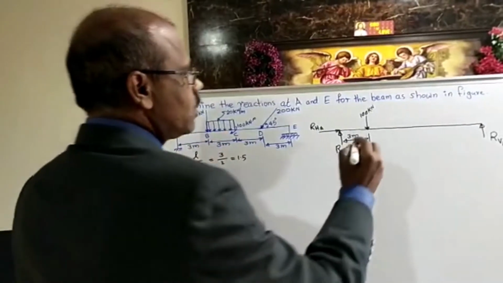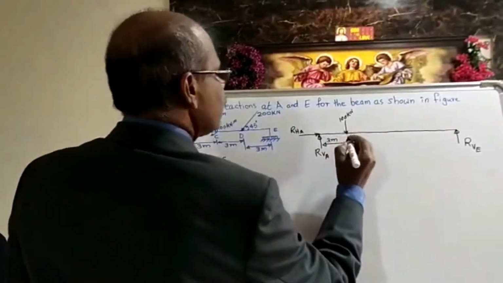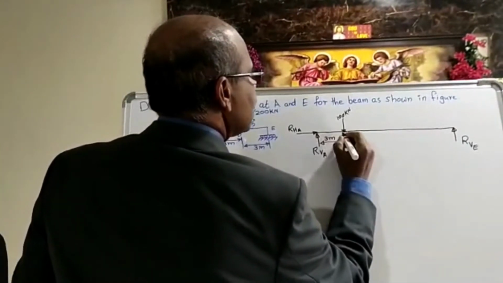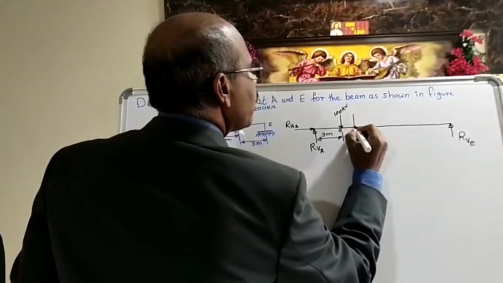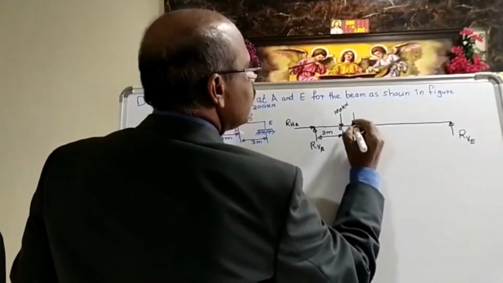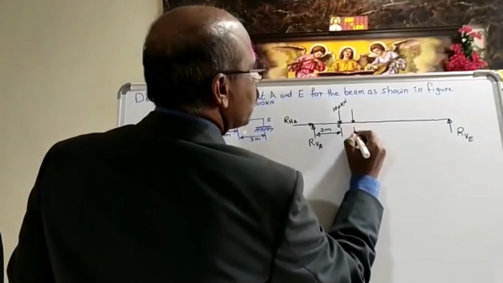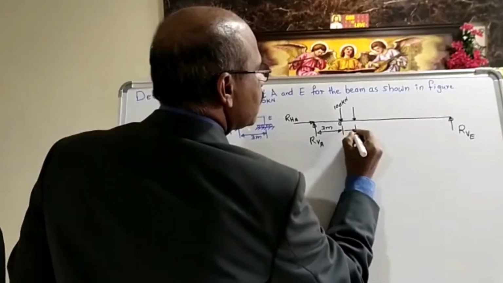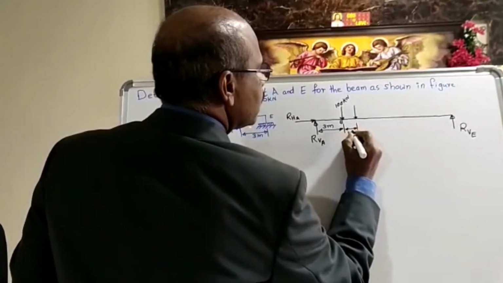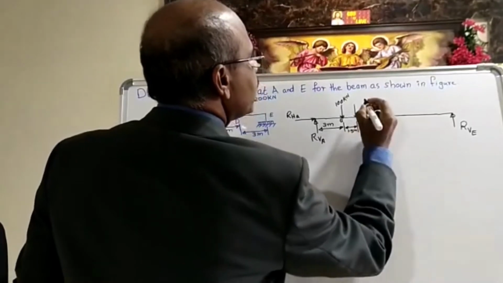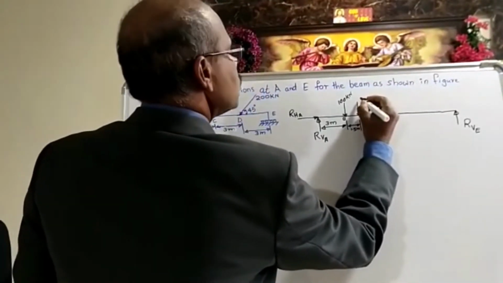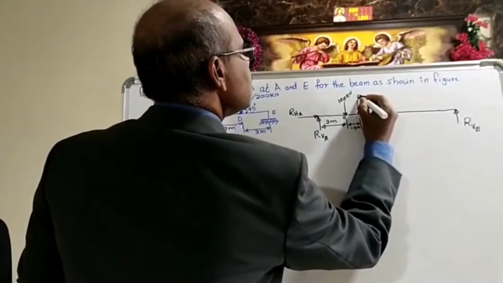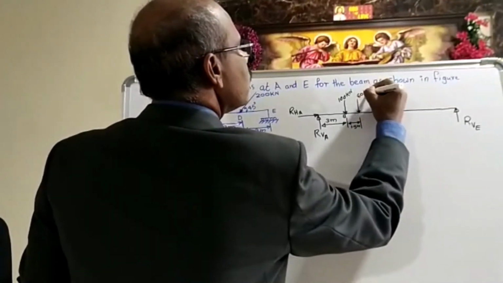Okay, so take 3 meter from here. This one is A and this one is B, and this is 1.5 meter, 1.5 meter, and this will become 20 into 3, it means 60 kilonewton.